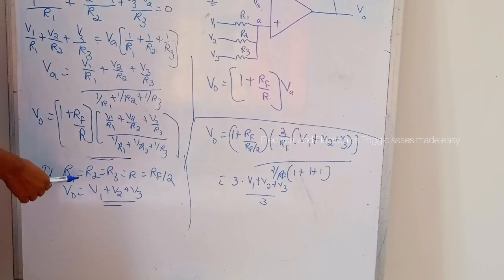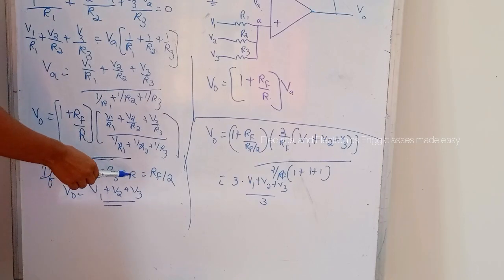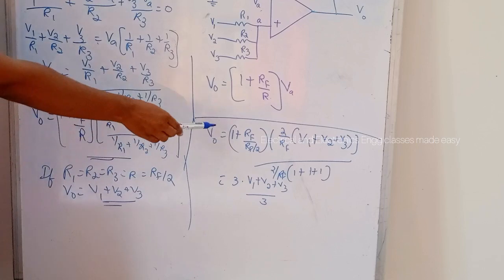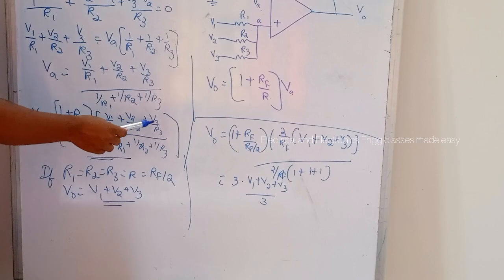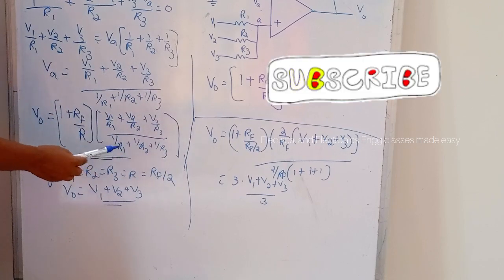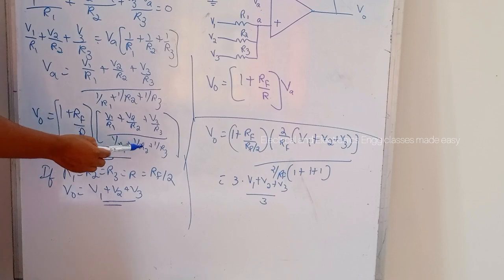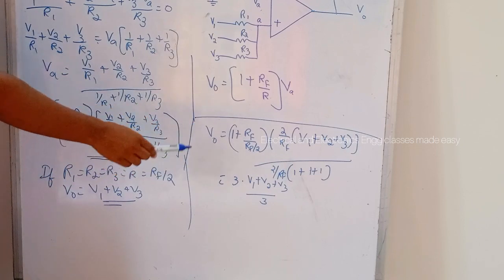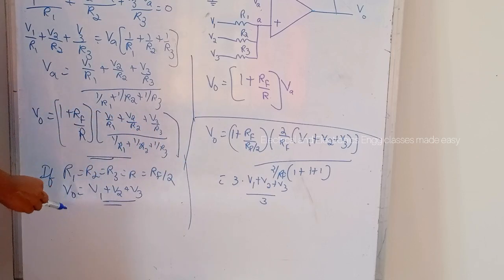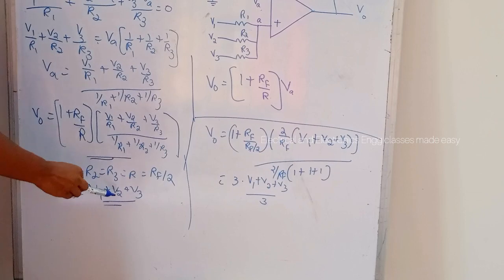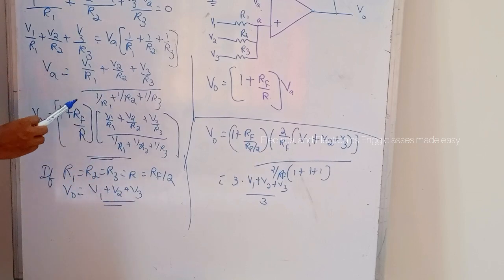Putting these values, the gain factor RF divided by R, that is RF by 2, gives 2 divided by RF into V1 plus V2 plus V3. Then in the denominator we get 2 divided by RF into 1 plus 1 plus 1, that is 3. So we get V0 equal to V1 plus V2 plus V3. So this is the case of the non-inverting summing amplifier.